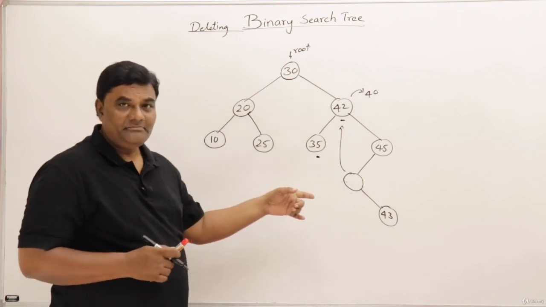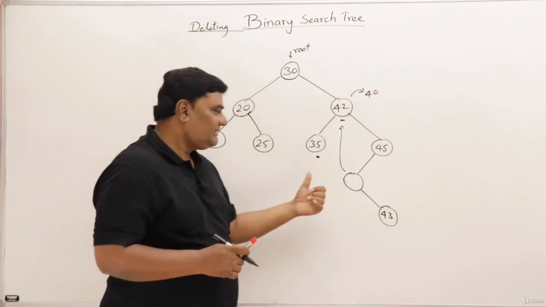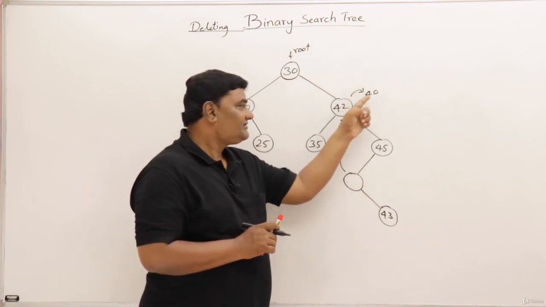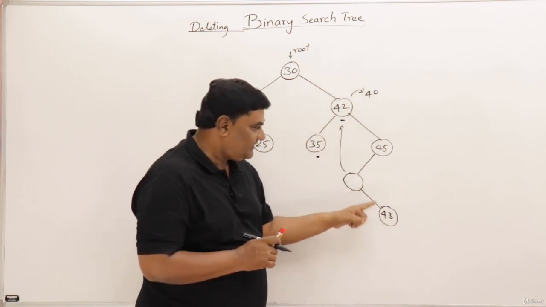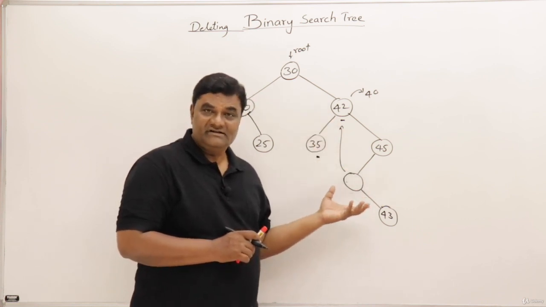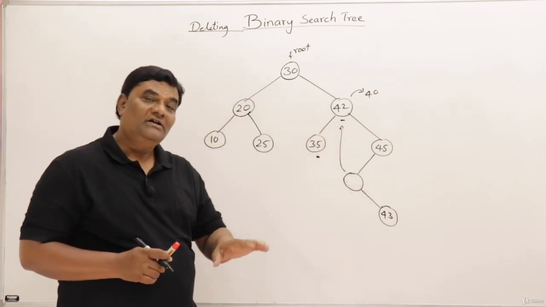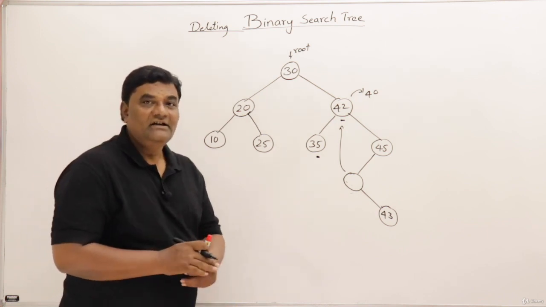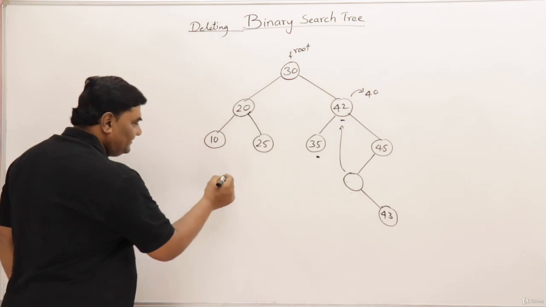But this is an example where though we are taking the in order successor, we have to make multiple modifications. This is gone, 42 has taken its place, then 43 has to come here. So if the in order predecessor or successor is not a leaf node, then you may have to make multiple modifications. Quickly I will show you one more example.